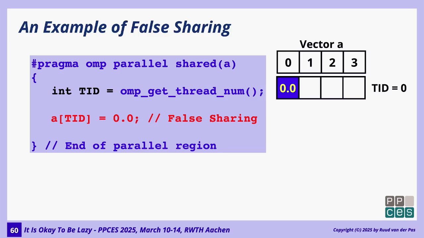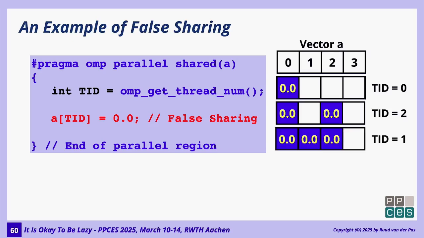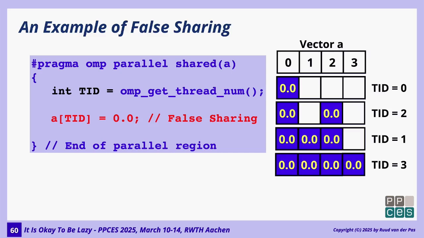So you load a fresh line, and you do your assignment. Then maybe the next one is thread 2, but that's the key thing, it's all in the same line. So wherever thread 2 executes, it will need to get the correct value of that line before it can do the update. So that line will start traveling through your system. Yeah, you do need to update the coherence bits, that's not a big deal, but eventually, again, it all adds up.